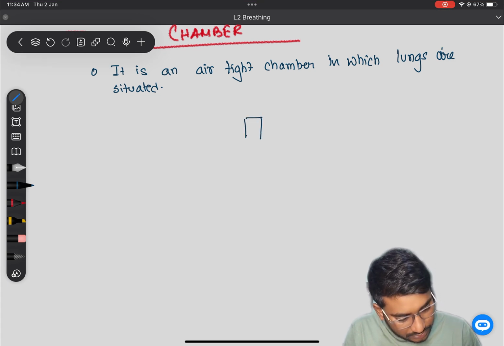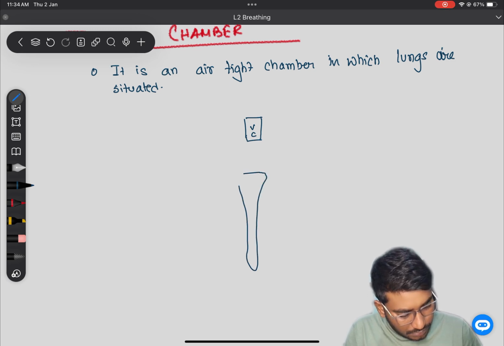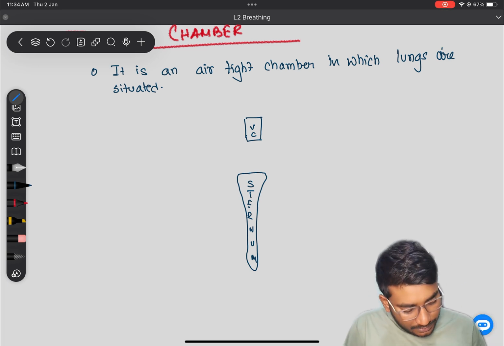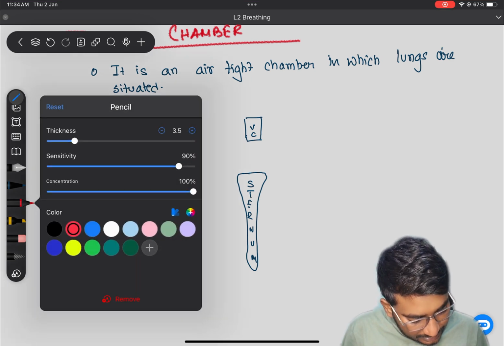I'm trying to draw a picture. We see this is the sternum. This midline bone is called the sternum. Okay, so some rib cages are there.